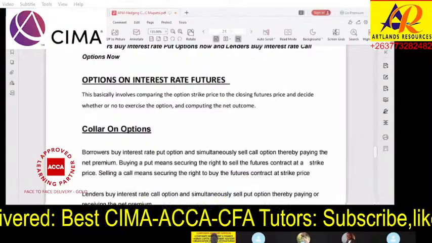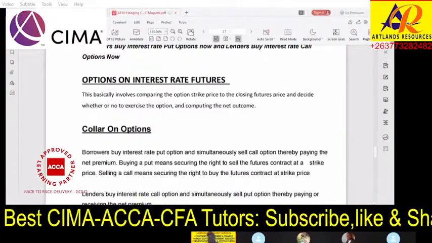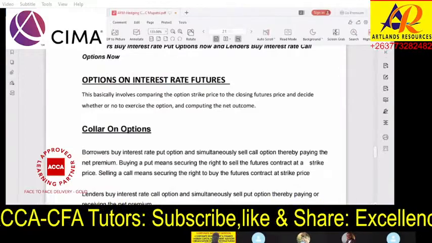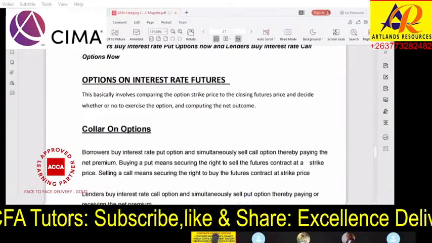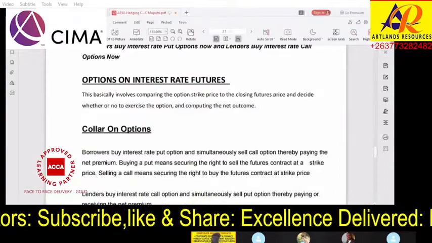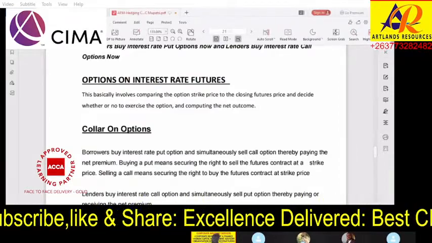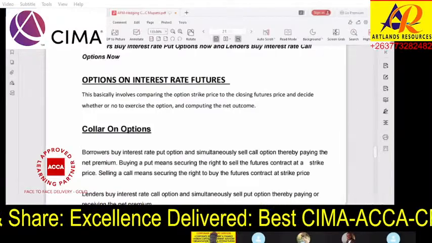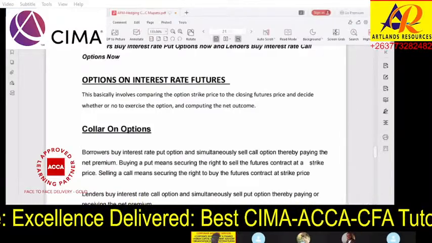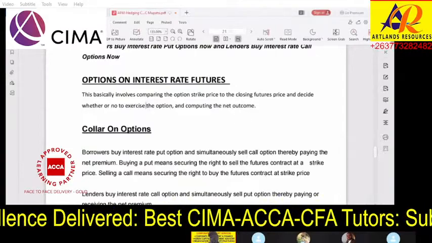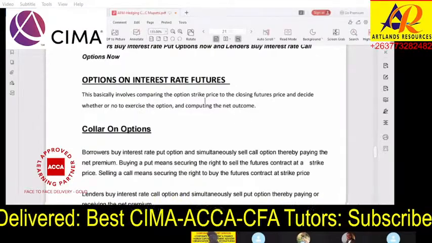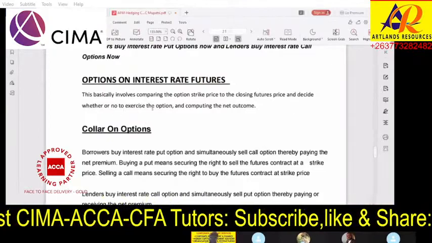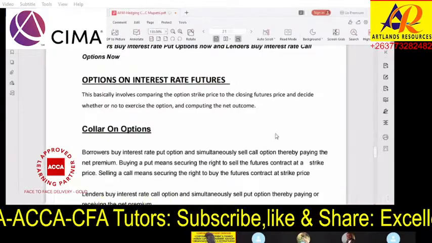To make them attractive, they embed options to encourage participation in interest rate futures. When you are exiting the futures market, you choose whether to deal with the closing interest rate or go on the options. So this basically involves comparing the option strike price to the closing futures price, deciding whether or not to exercise the option, and then computing the net outcome.